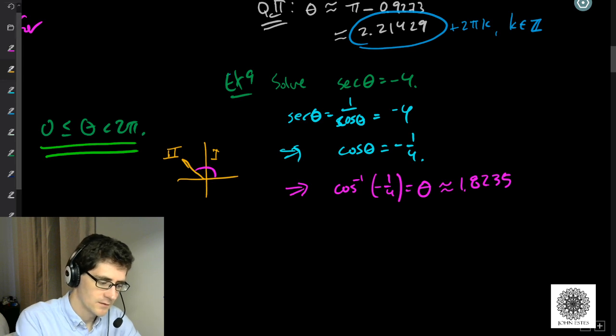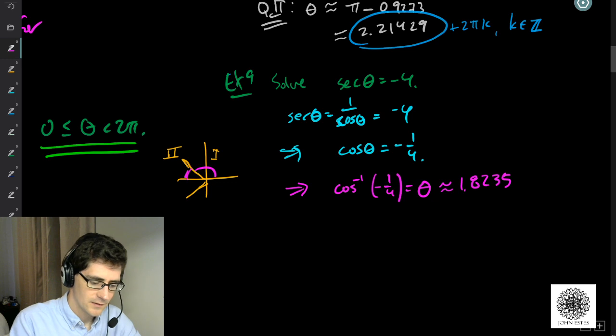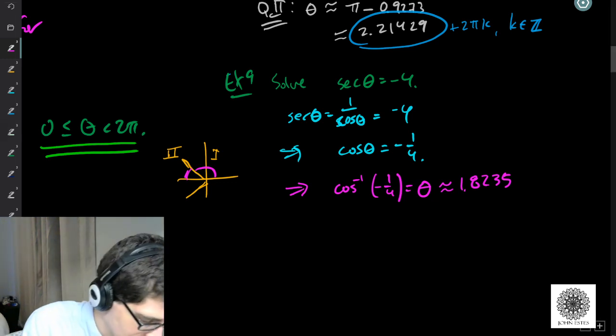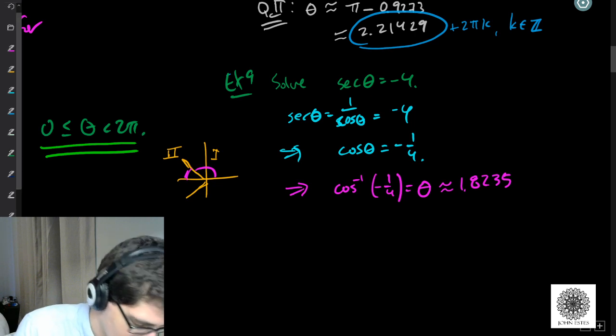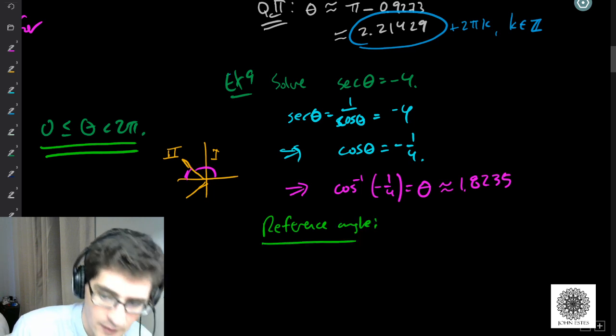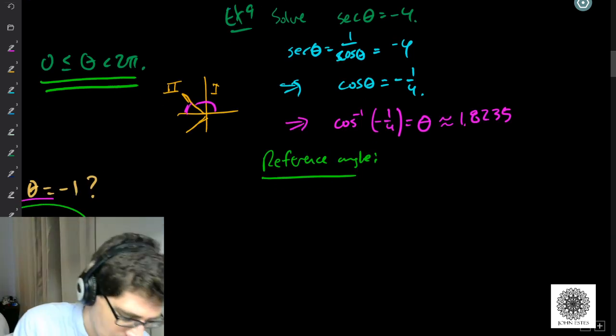Okay, now the thing is though, cosine is also negative in quadrant 3. So I need to figure out my reference angle here so that I can find my quadrant 3 angle. Okay, so let's first say, look, we're going to try to find a reference angle. And my reference angle is going to be, well, look at the picture.